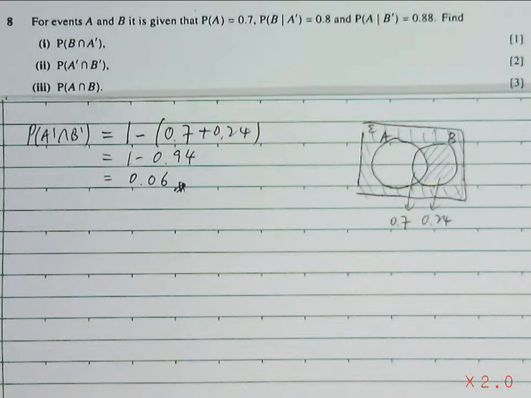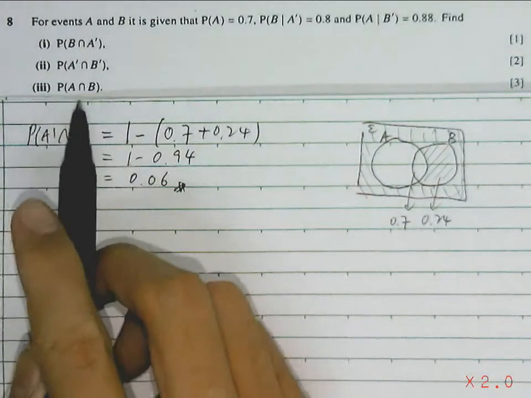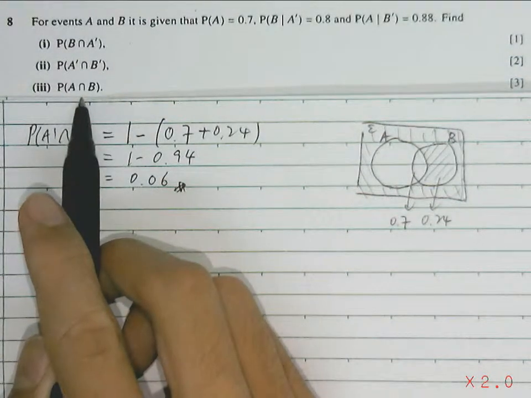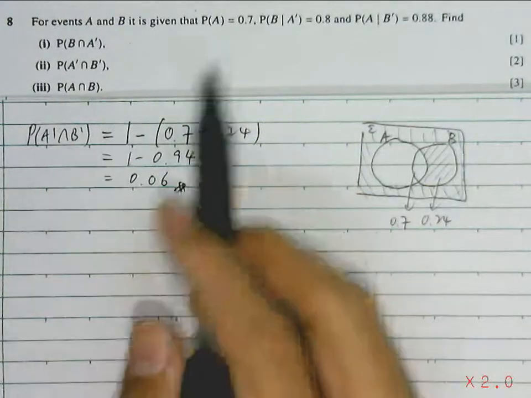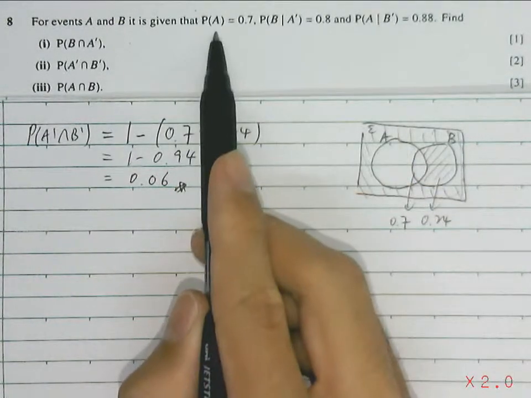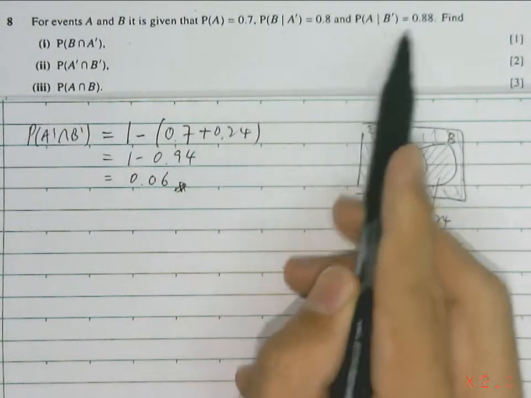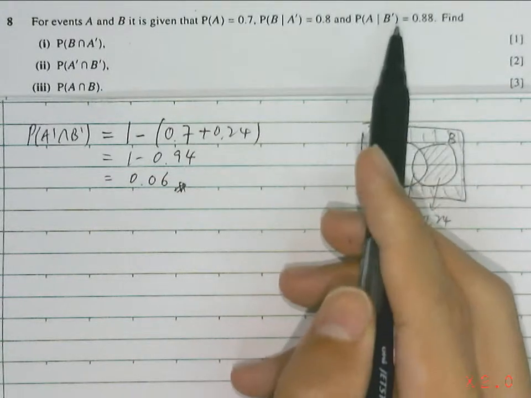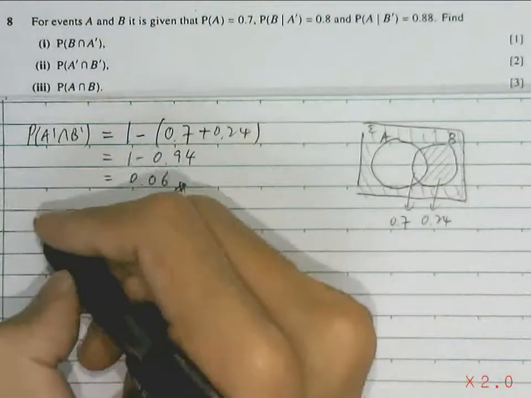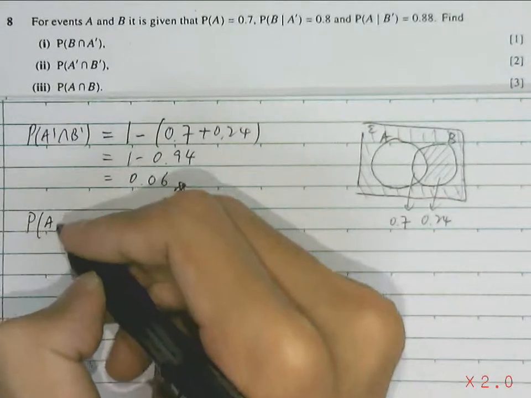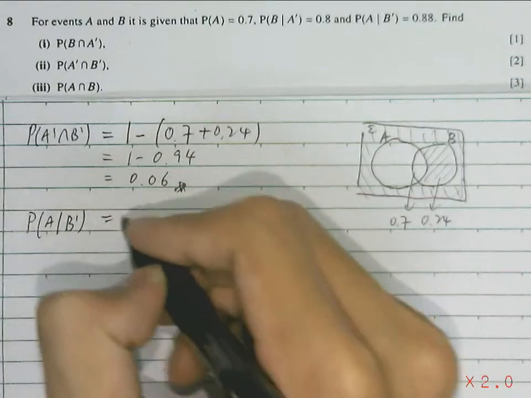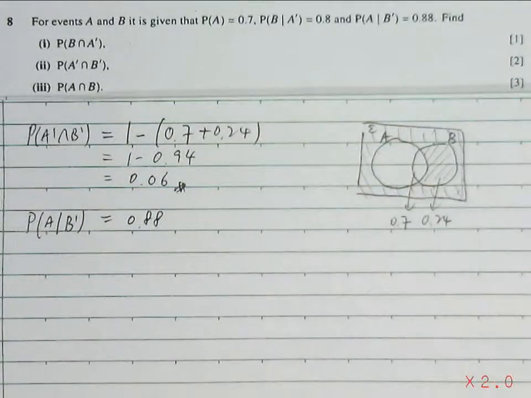Next, for the last part, part 3, we are looking for A intersect B. Alright, since the question gave us 3 pieces of information, we have used this in part 1, and used this in part 1 as well. We haven't used the third piece of information, so we'll try to use it. The probability of A given B complement equals 0.88.